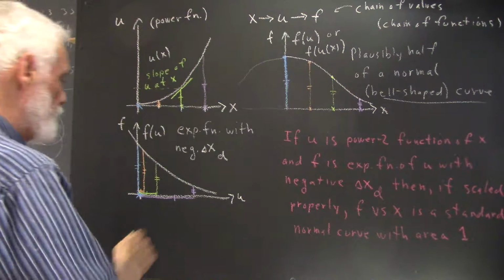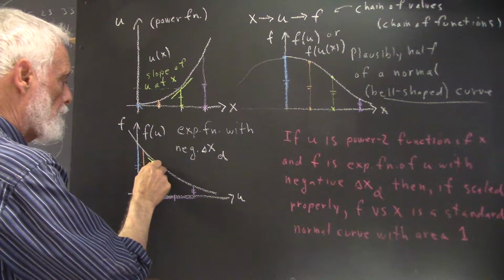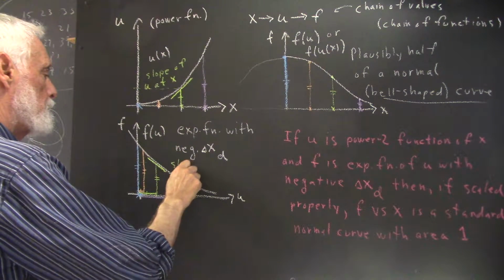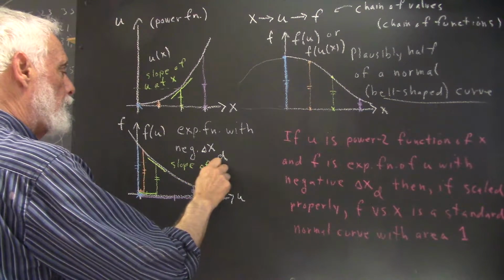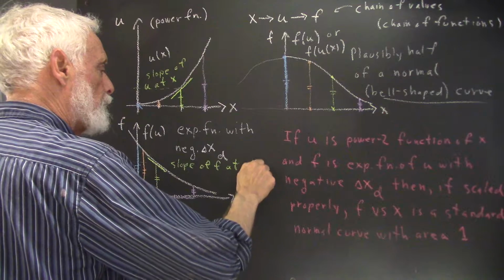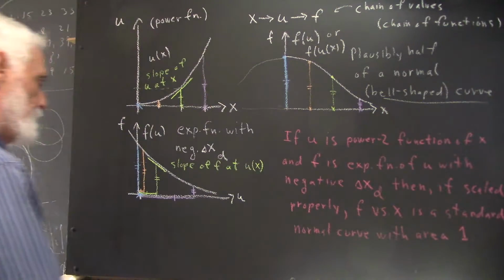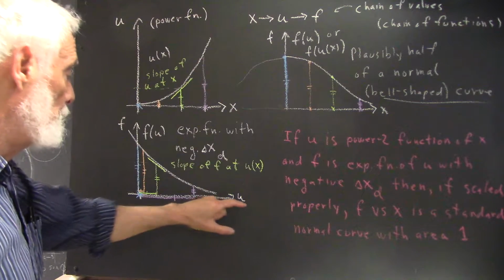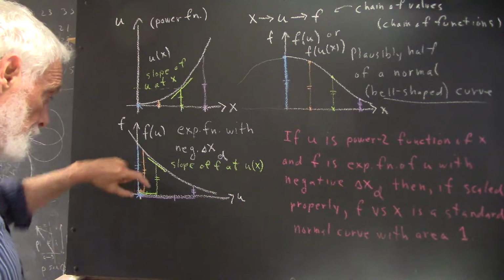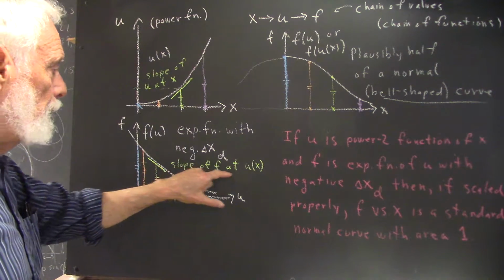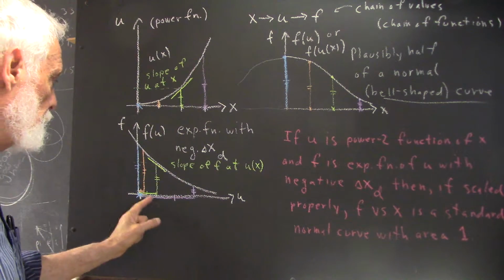And then we have here the slope of f at u of x. Okay, because this value, of course, is u of x. I haven't put u of x down here, but this is the value u of x. So you have the slope of f when the value of u is u of x.